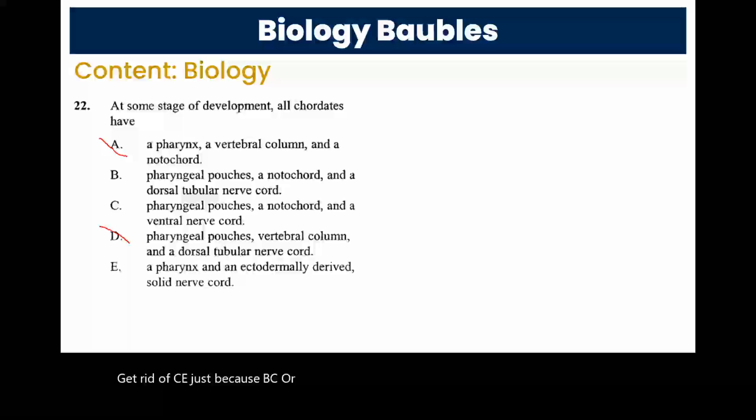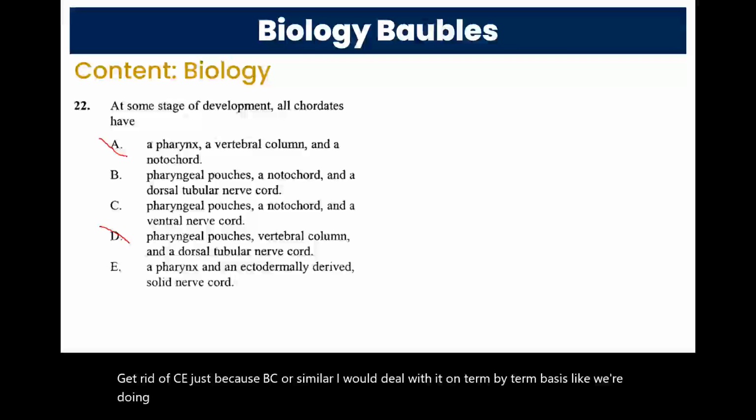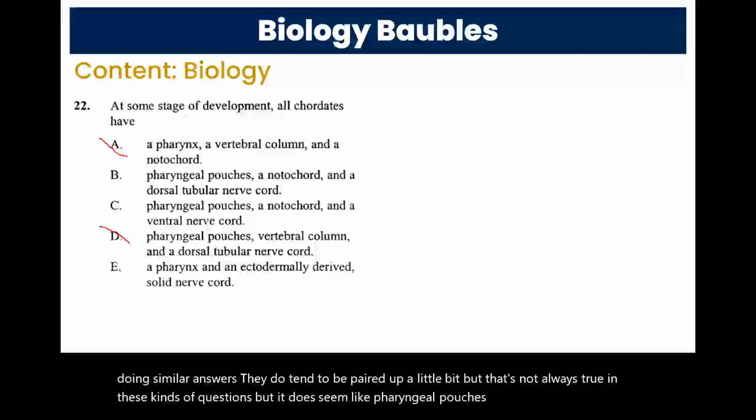I would deal with it on a term-by-term basis like we're doing. Similar answers do tend to be paired up a little bit, but that's not always true on these kinds of questions. But it does seem like pharyngeal pouches we're not super confident on. So, okay, let's move on.